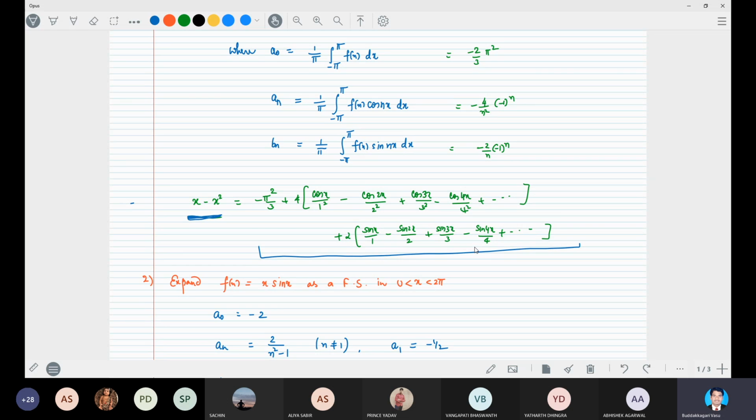Even if you find the sum of all those terms at some point x in the interval from minus π to plus π, can you get it? What will be the value? Can you assume it from the RHS?